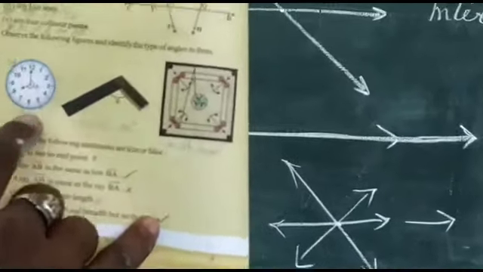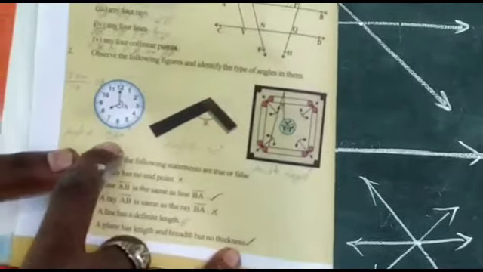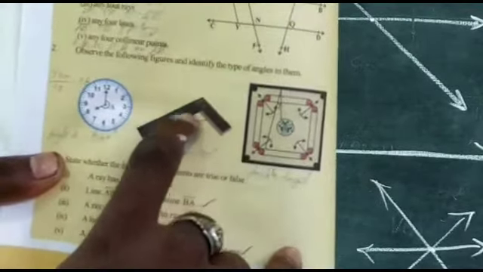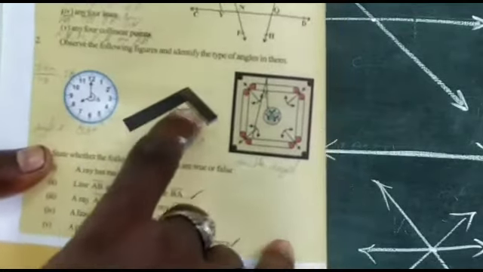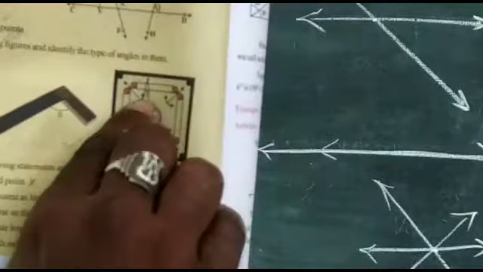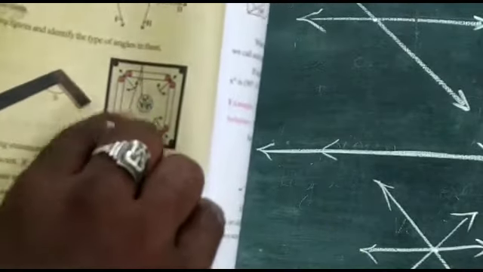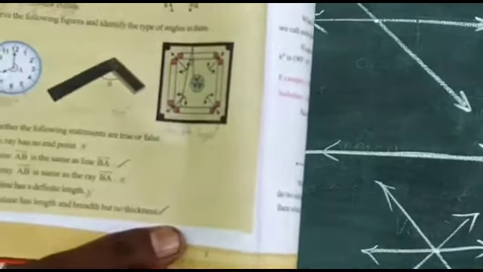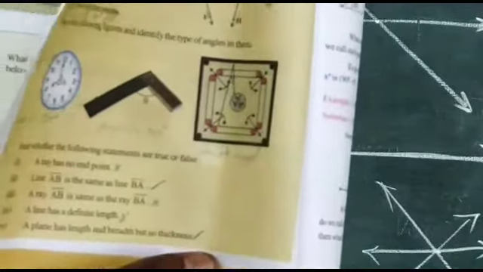In this clock, the angle is an obtuse angle. If you observe this one, this is a right angle, exactly 90 degrees. And here you can observe angle C, just less than 90 degrees. That means it is the acute angle. This is called the acute angle.